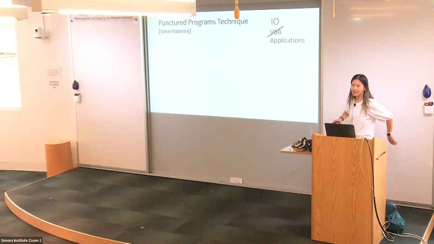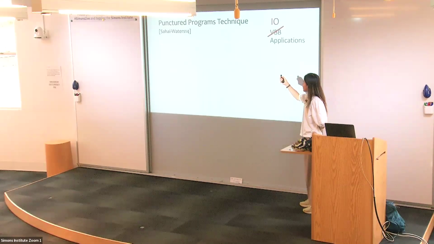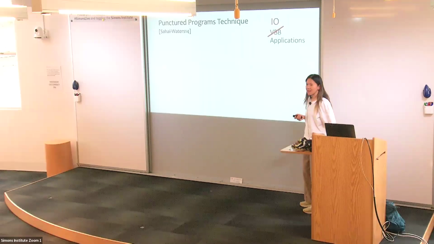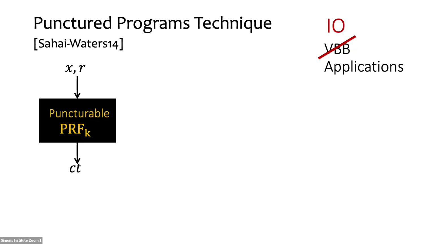All right. So without any heuristic, Sahai and Waters proposed a new technique called the punctured program technique, and showed that we can use it to circumvent heuristics in most cryptography settings. For example, they showed that if we obfuscate a PRF that is special, that is puncturable, then the IO obfuscated PRF is already a public key encryption.